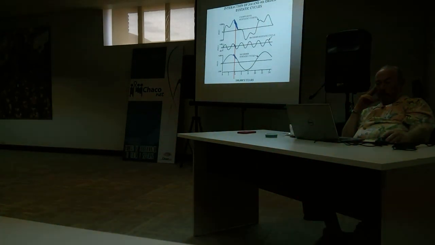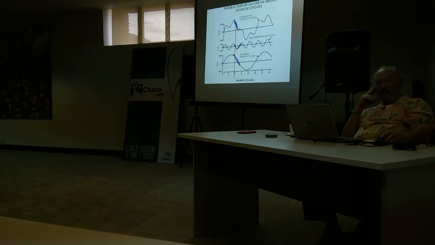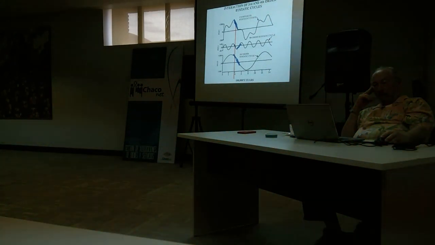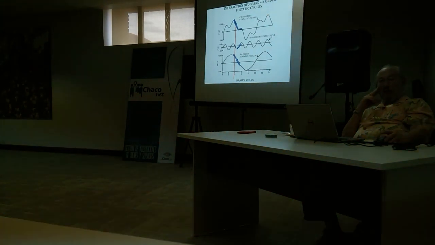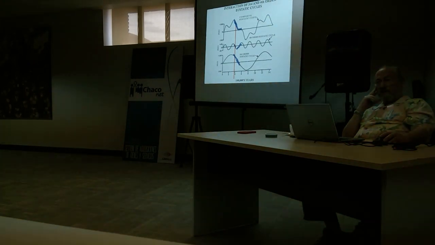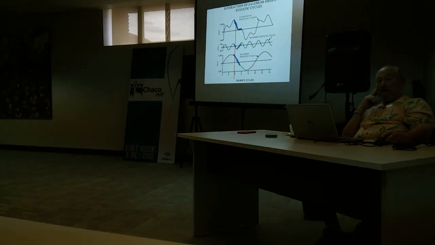What happens when you have, let's go to another point where you have a third order fall and a fourth order rise, and they cancel each other out? So you're getting no change in sea level over an interval. So what's going to be deposited then? Well, the shales.